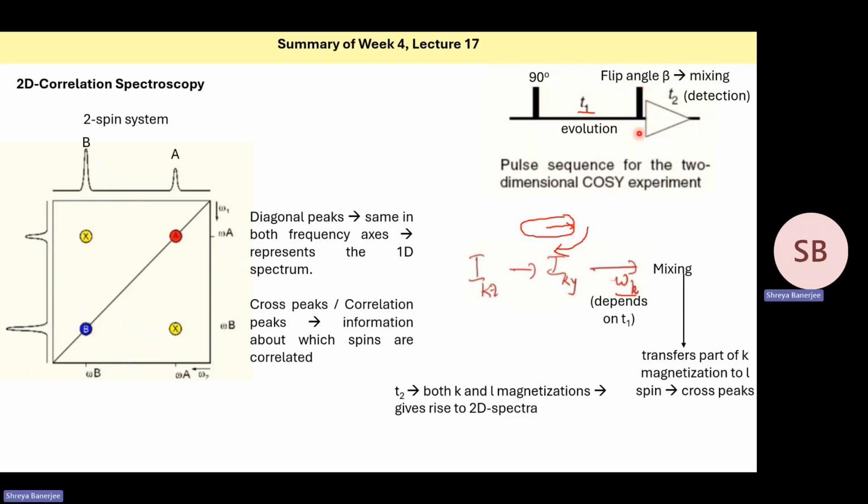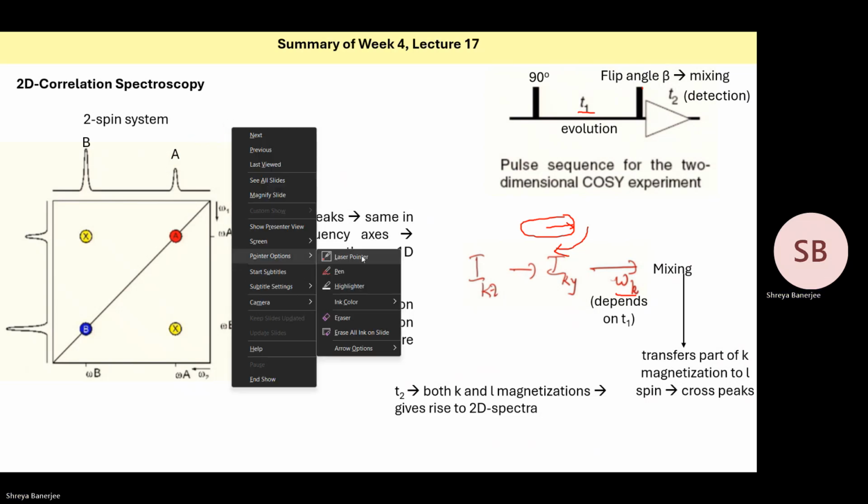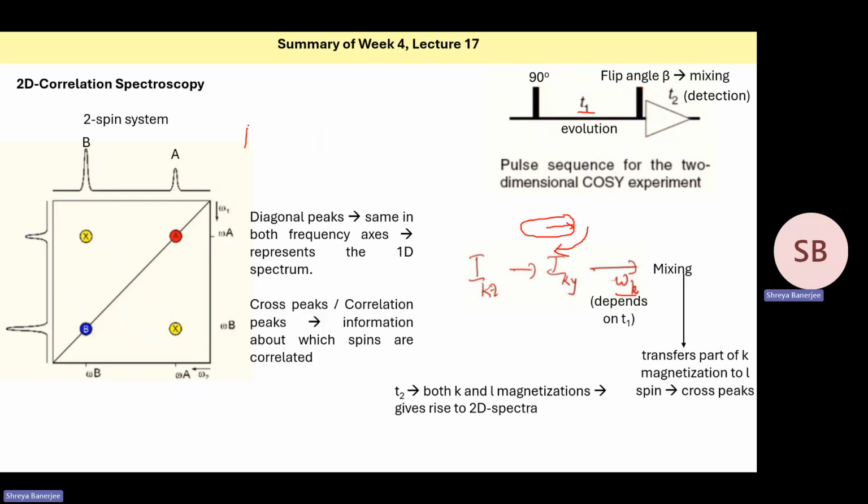So T2 is for the detection, and you will have the magnetization of K, which was initially there, and the magnetization that K has transferred to L. T2 will detect both these magnetizations and you will get this kind of 2D spectrum. Here we are assuming a two-spin system, AB.